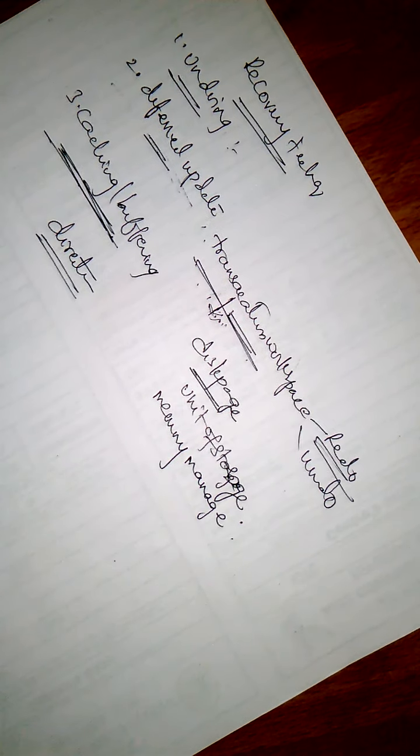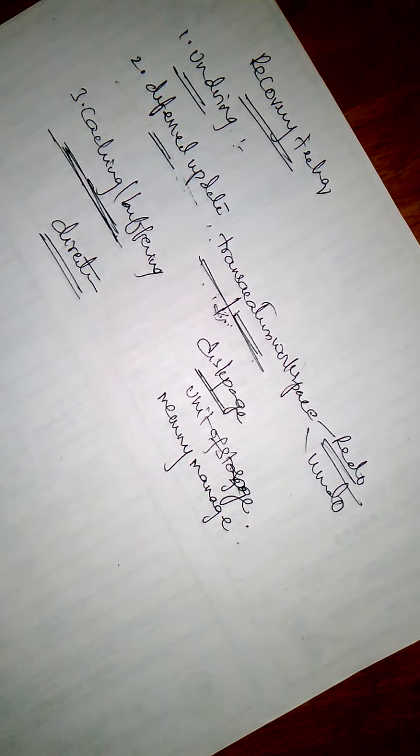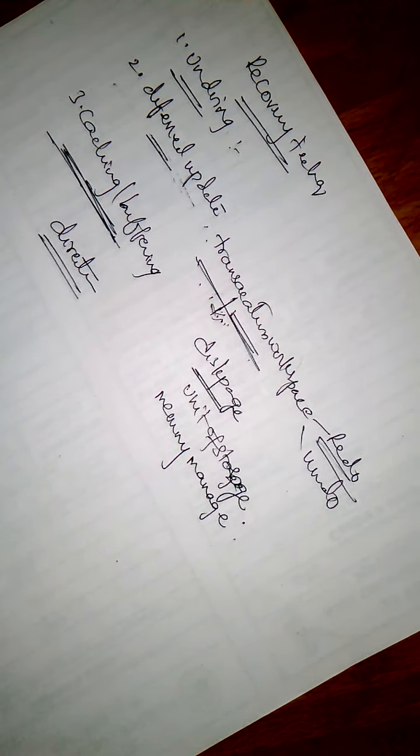That's why we are using the disk pages. The cache or buffer will copy the data into main memory and perform some processing, and after the transaction is successful, it is copied into the database.